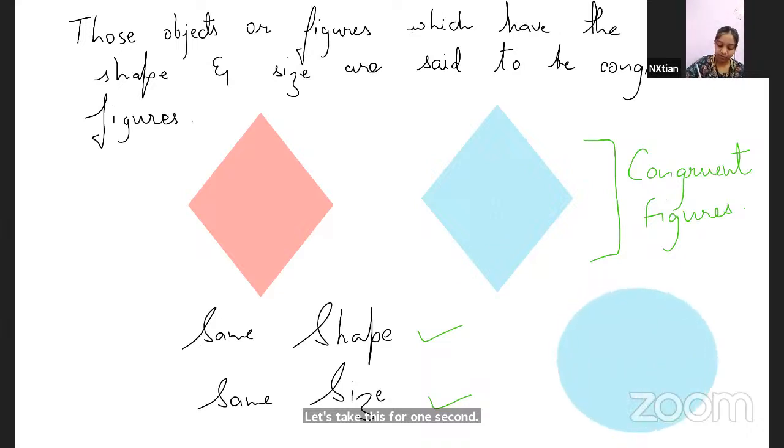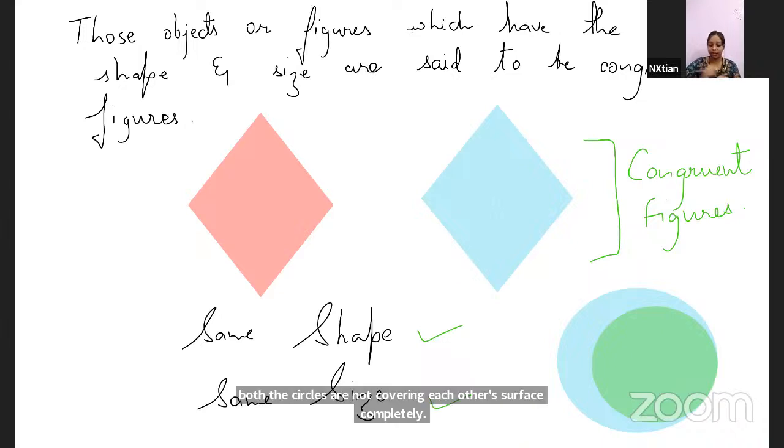On this circle, I will place another circle. Is it congruent? No, these are not congruent. Because both the circles are not covering each other's surface completely. So it is not congruent.